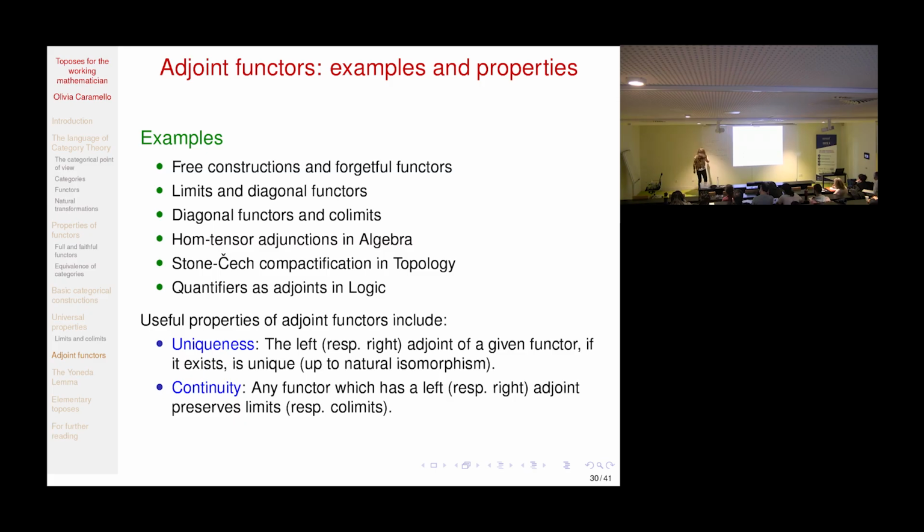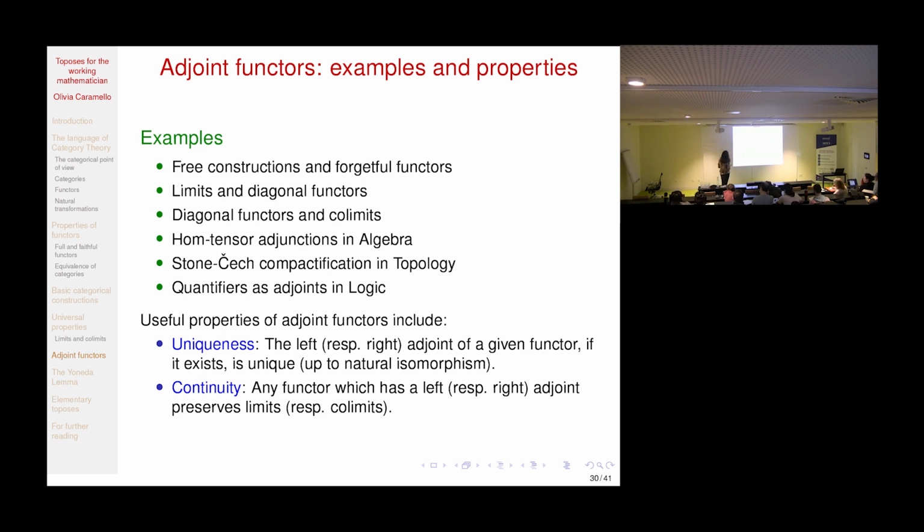So you see that the tensor product functor is left adjoint to this hom functor. These are functors defined on our category of K vector spaces to itself.